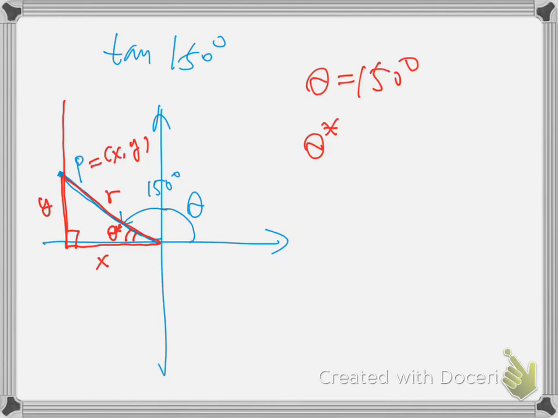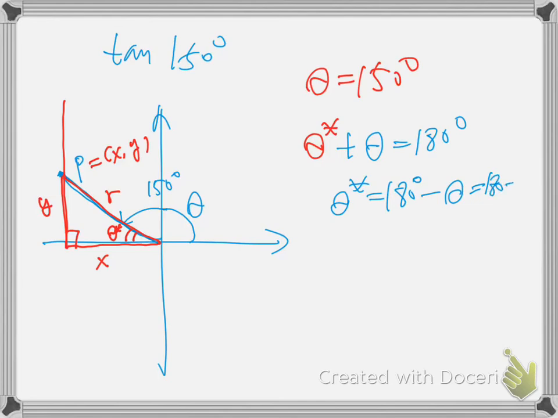So theta star plus theta is 180 degrees for this particular example. So theta star is 180 minus theta, which is 180 minus 150. Theta star is 30 degrees. So now this is 30, this is 60, and we got the same special angle right triangle.